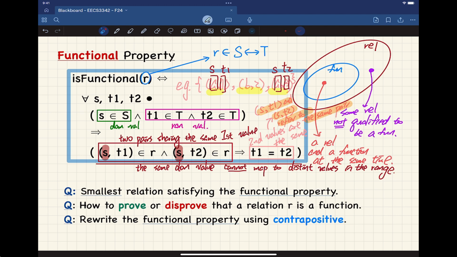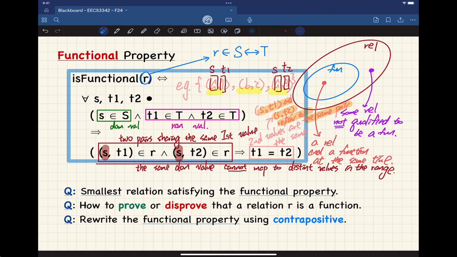We got 2 minutes. Why don't we answer a few questions, and then we're done, okay? Question number 1. Based on this definition over here, what would be the smallest relation that can satisfy the functional property? Smallest one. To be honest, every time I say smallest one, it's almost always true when you say empty relation, right?